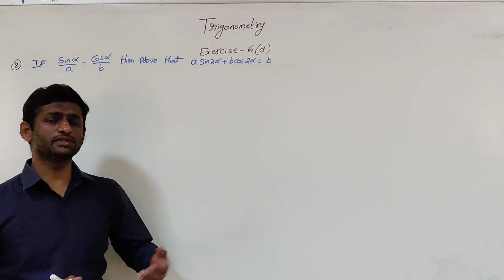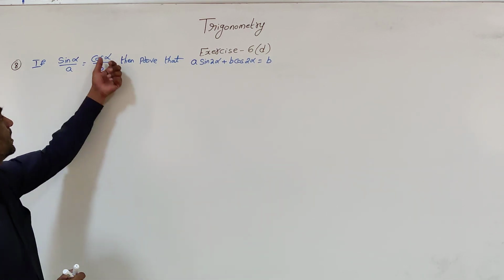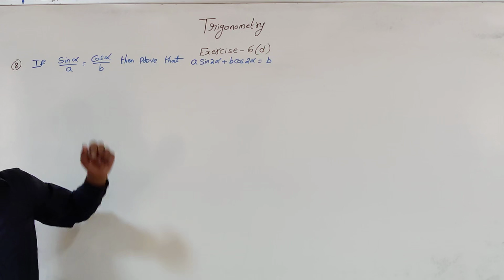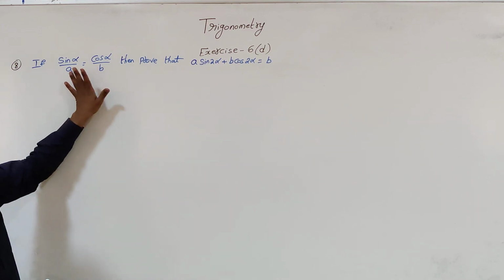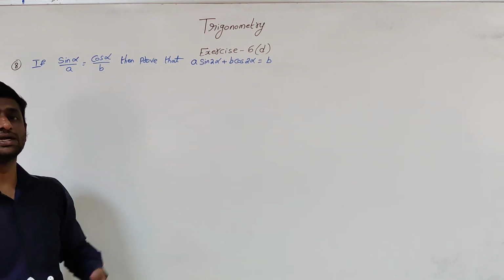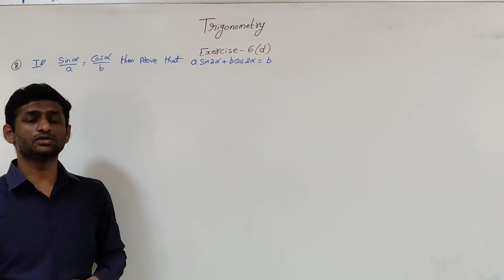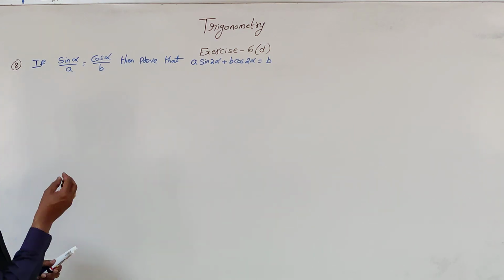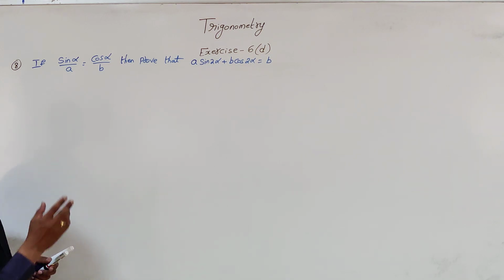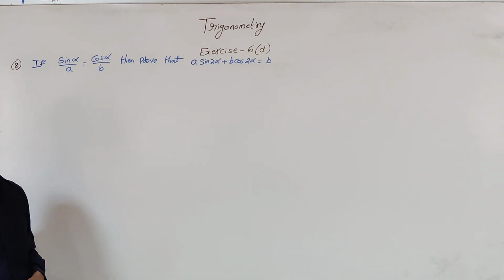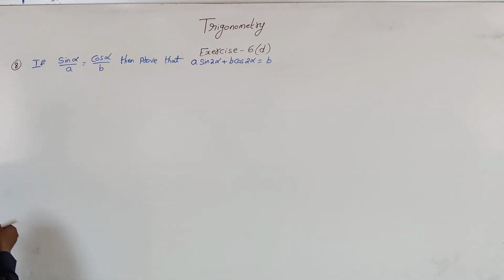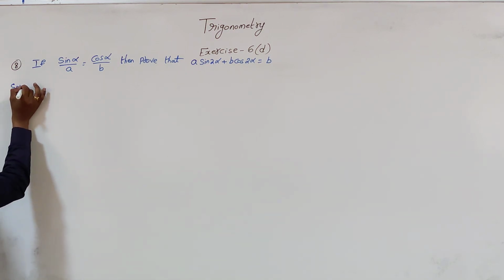The next problem is if sin alpha by A is equal to cos alpha by B, means if both the ratios are equal, then prove that A times of sin 2 alpha plus B times of cos 2 alpha is equal to B. So we'll take the LHS and prove that it is equal to B. Solution.